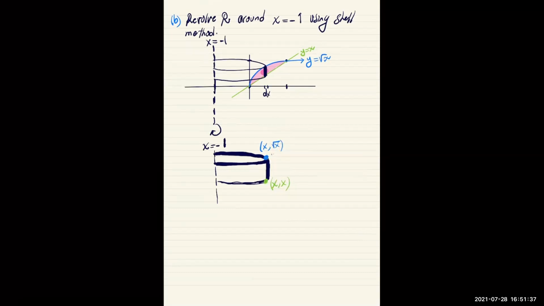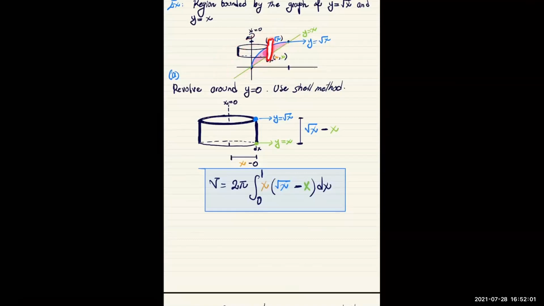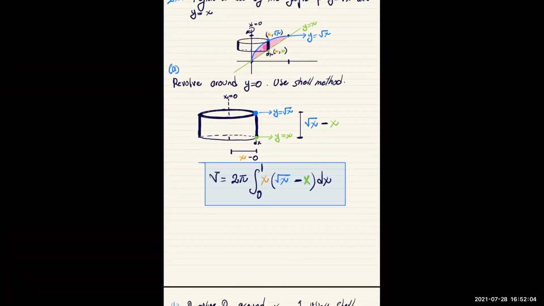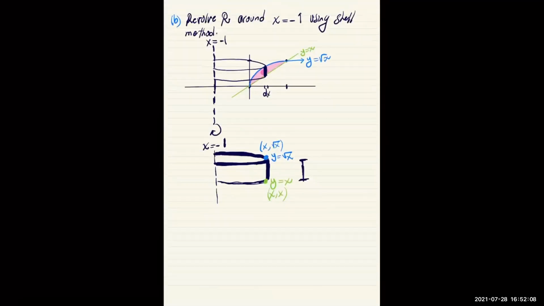So here y is root x, and here y is just x. So just like before, the height of the shell is not changing at all. This shell is the same as this shell in height. It's the radius that has changed now.